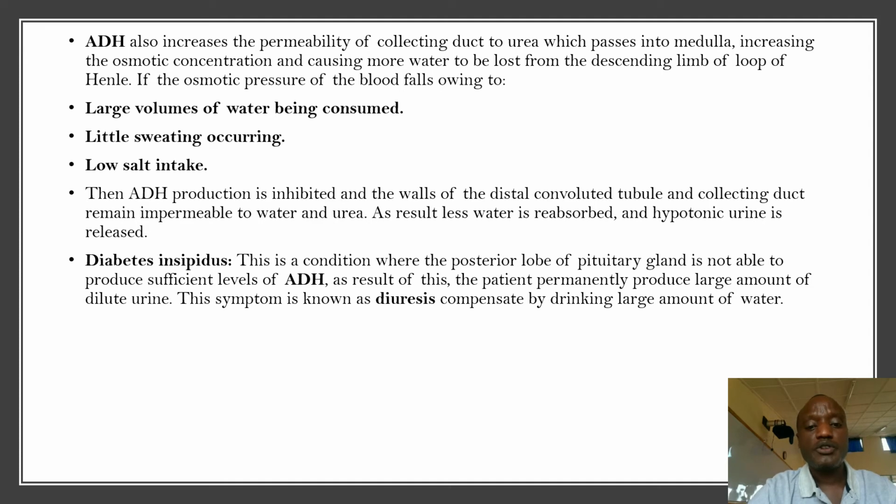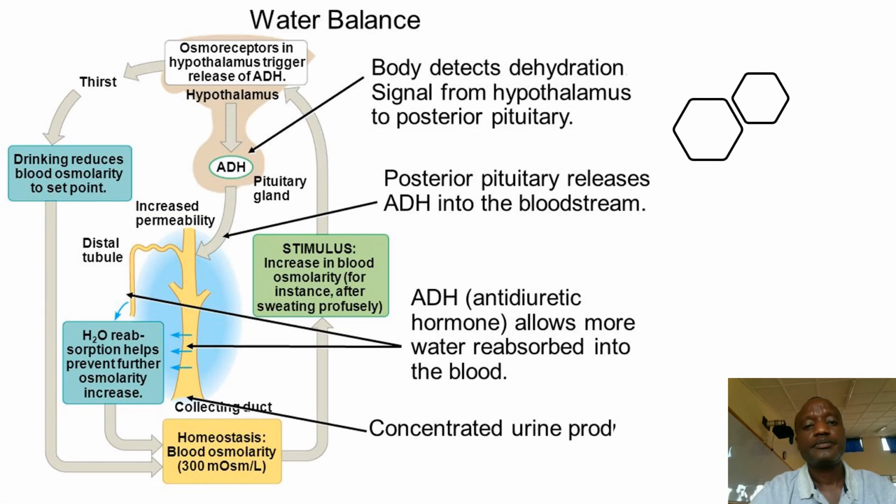The symptom is known as diuresis. So that's why the doctors recommend that we drink a large amount of water just in case you have this condition, which is called diabetes insipidus.